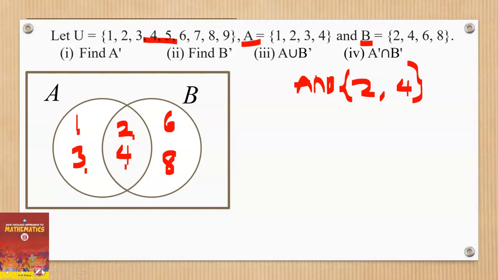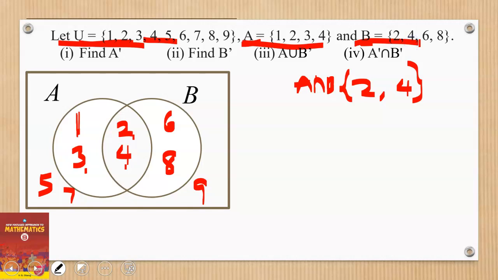Looking at the universal set again, we can see that 1 has been represented already, 2 is also here, 3 is represented, 4 is represented, 5 is not, so we can put 5 outside the 2 circles. 6 is represented, 7 is not, so we can put 7 outside, and then 8 is there, 9 is not.